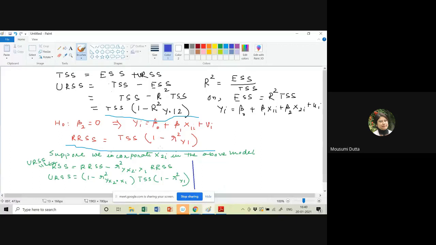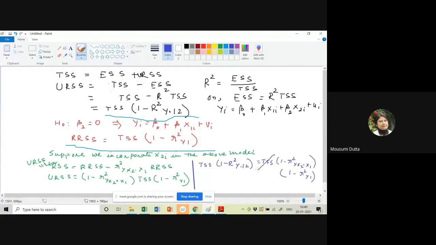Now URSS is equal to TSS times 1 minus R square Y dot 1 2. And this is TSS times 1 minus R square Y x2 dot x1 times 1 minus R square Y1.